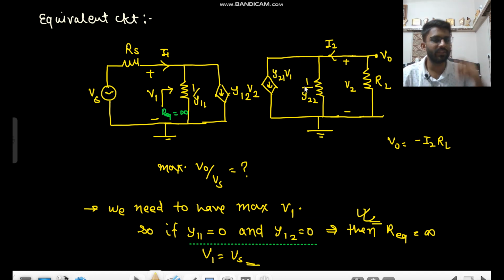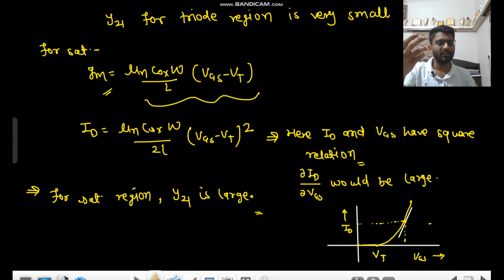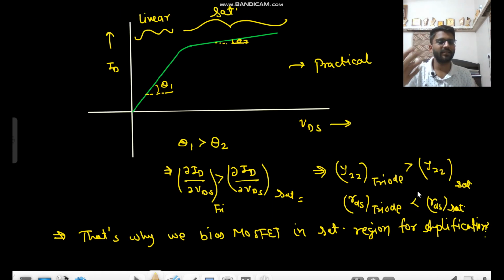So if you want least current, you want the resistance to be higher. In case of saturation region, the output resistance is higher than the triode region. That's why we bias the MOSFET in saturation region for amplification. So this is the complete explanation.